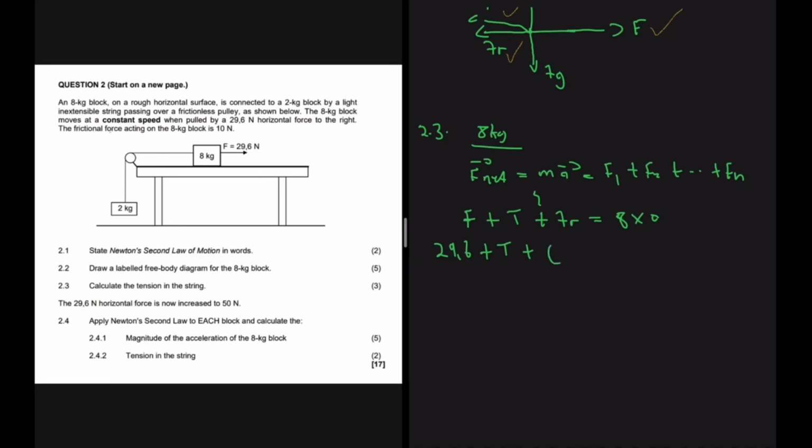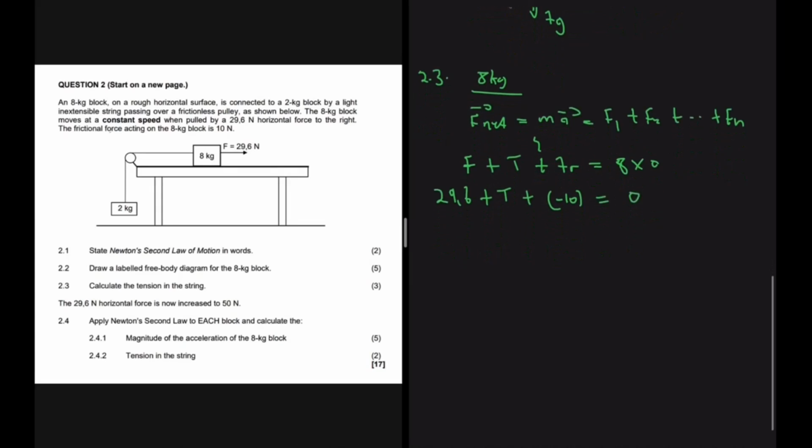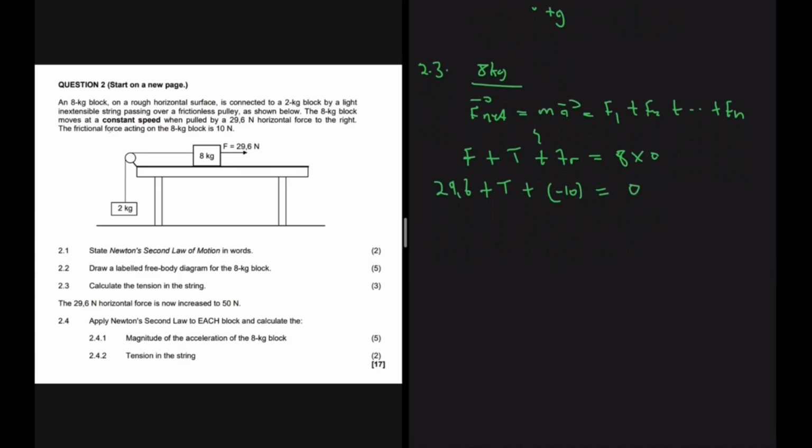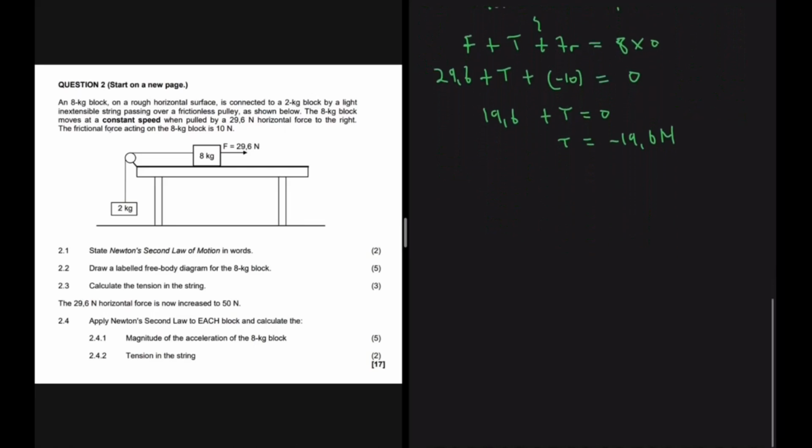The frictional force is 10 Newton, so minus 10 equals 0. 29.6 minus 10 is 19.6, so 19.6 plus T equals 0. Take 19.6 to the other side and you get T equals minus 19.6 Newton, which makes sense because T is opposing the motion, so it's supposed to have a negative value.